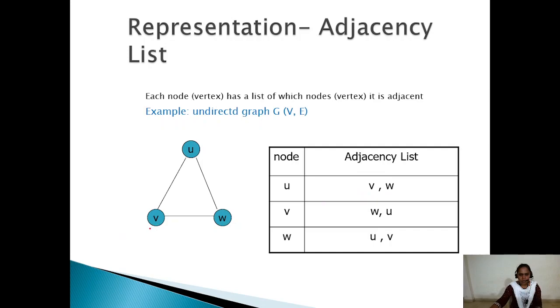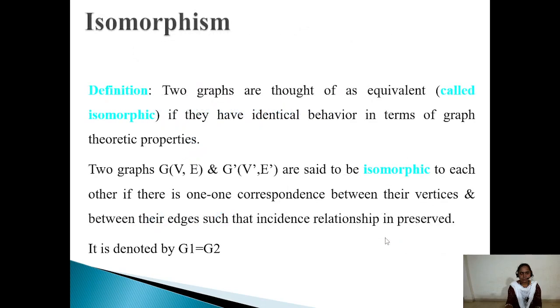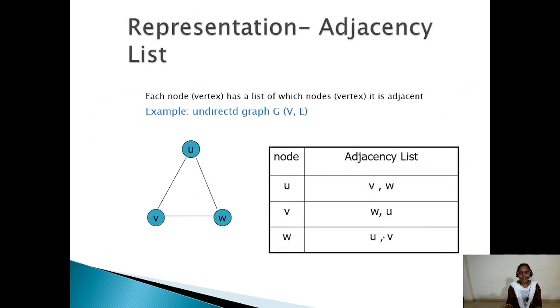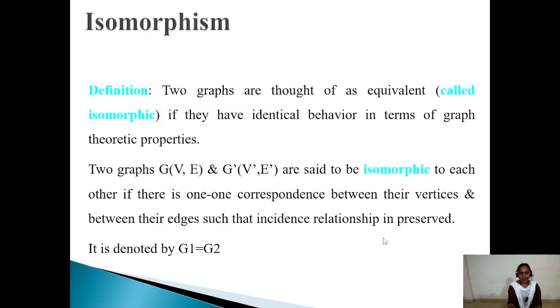V vertex, how many vertices will follow? U, W. W vertex is followed by how many? U comma V. This is an example of an adjacency list. Okay.